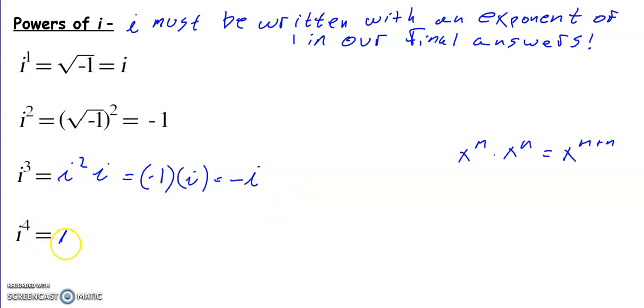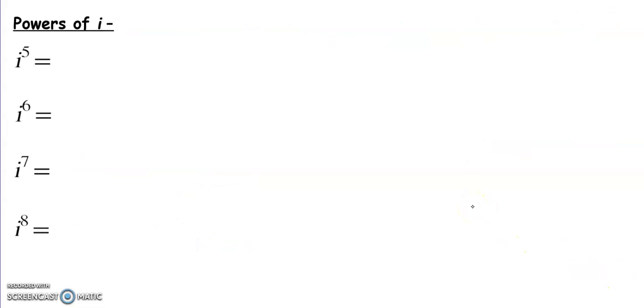i to the 4th is i squared times i squared. Well, another way of writing that would be -1 times -1, which is +1. Boom. Well, what if we have more than the 4th power? What if we have the 5th, 6th, 7th, or 8th power? Glad you asked.